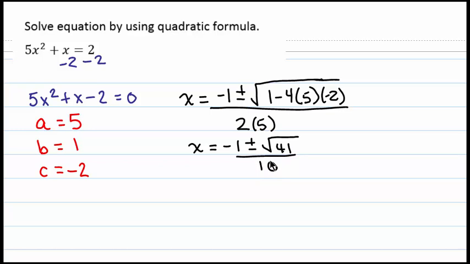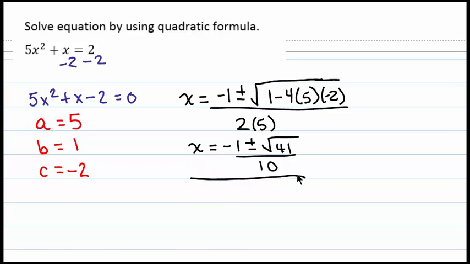So next thing I look at is, can I simplify my radical? Are there any perfect squares in that radical? Nope, there are no perfect squares in that radical. Do I have any common factors between this term, the coefficient of my radical, and my denominator? Nope, they have nothing in common. So therefore, that's in my simplified form.